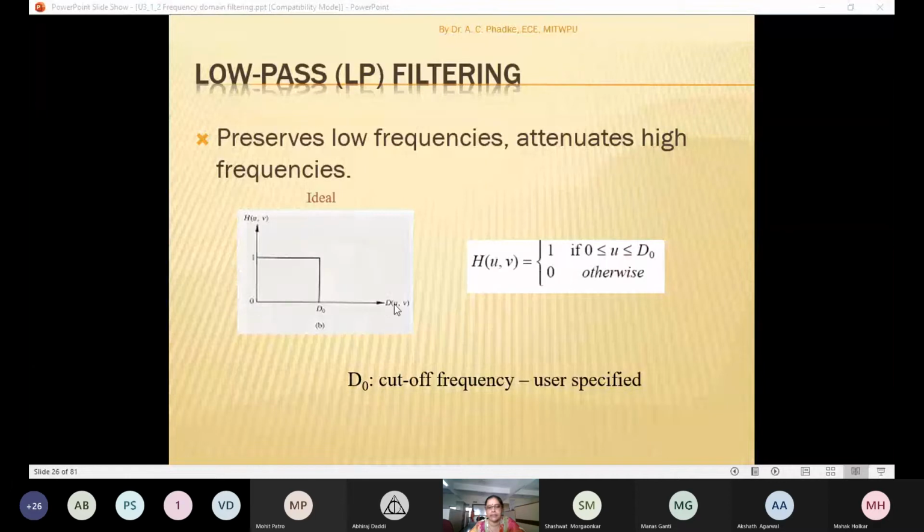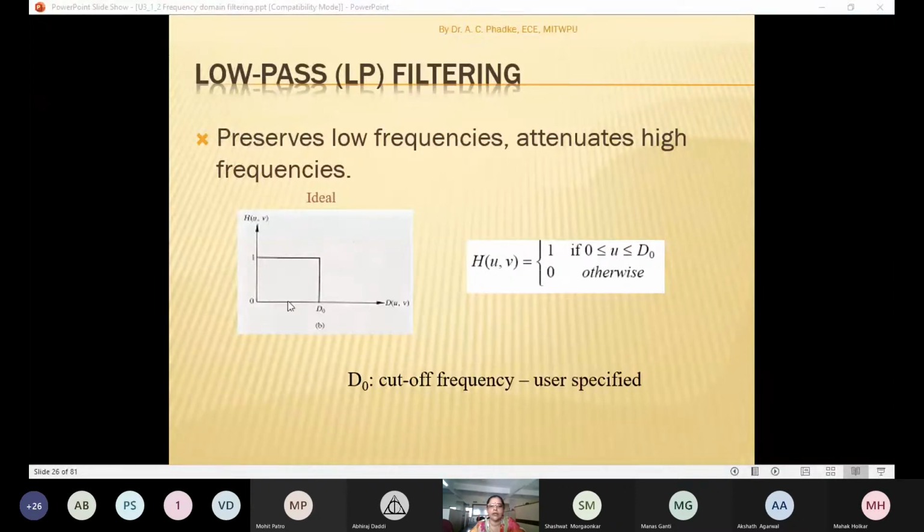This is your frequency axis, or in case of images, we can call it the distance axis, D(u,v), which represents the distance from the origin in the frequency domain.